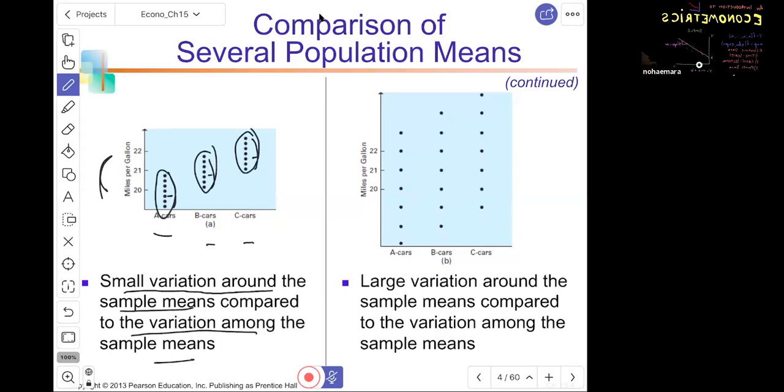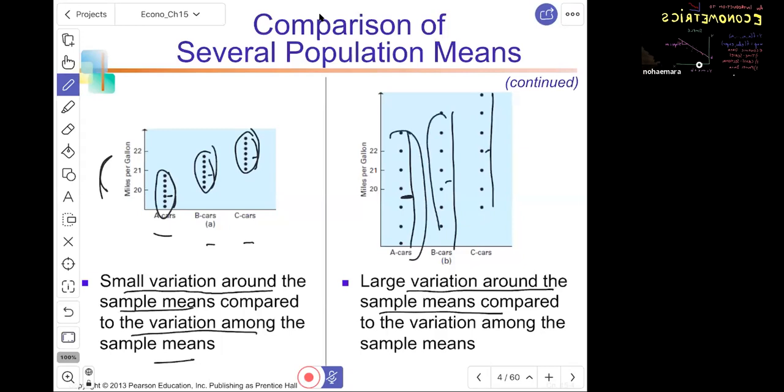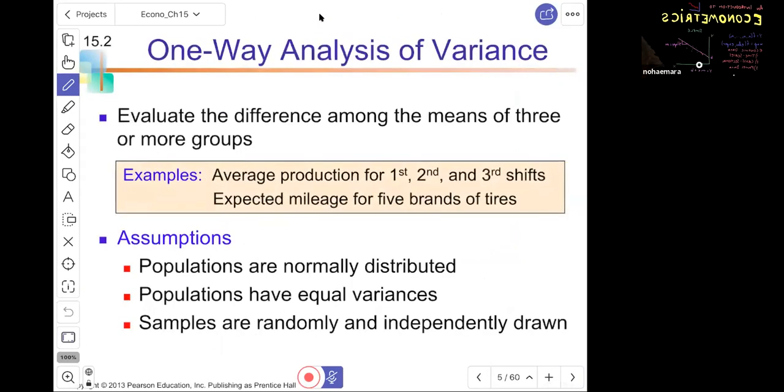Here, what you can see is there is a large variation around the sample means. There is a large variation around the center in each group. However, when you compare them, they are not that far away from each other. So there is this idea of within and between.